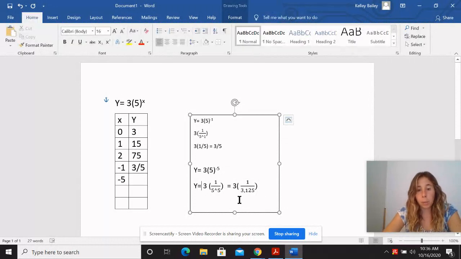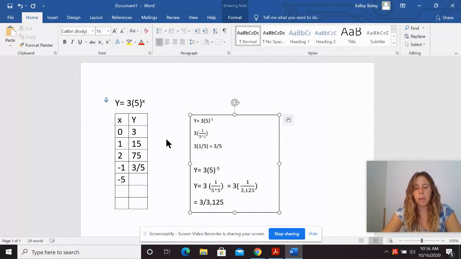So then this is going to be a really small fraction. So you multiply straight across, 3 over 3,125, which you actually can't reduce.